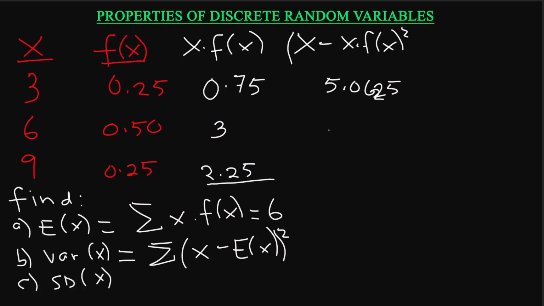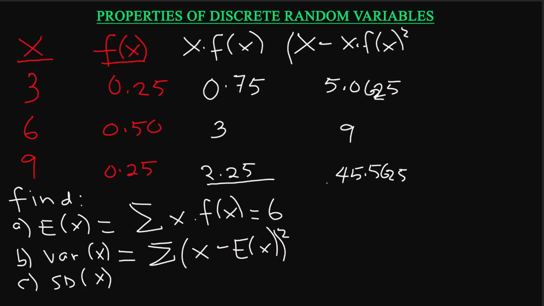The next is 6 minus 3 squared. That gives us 9. The next is 9 minus 2.25 squared. That gives us 45.5625.